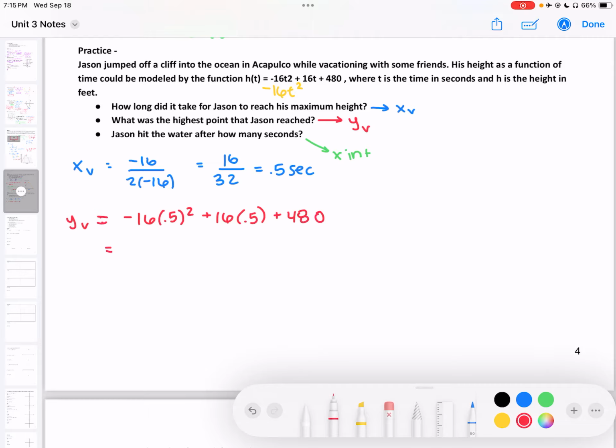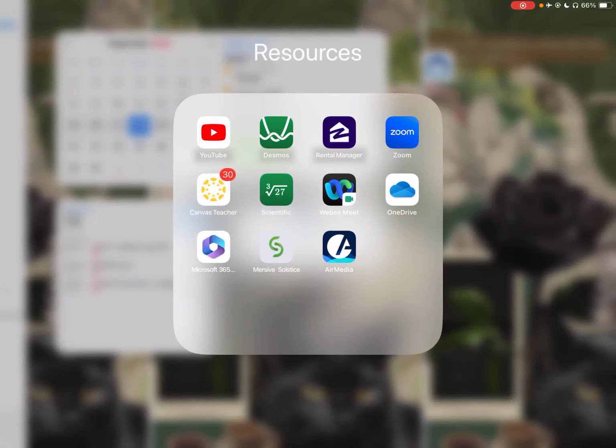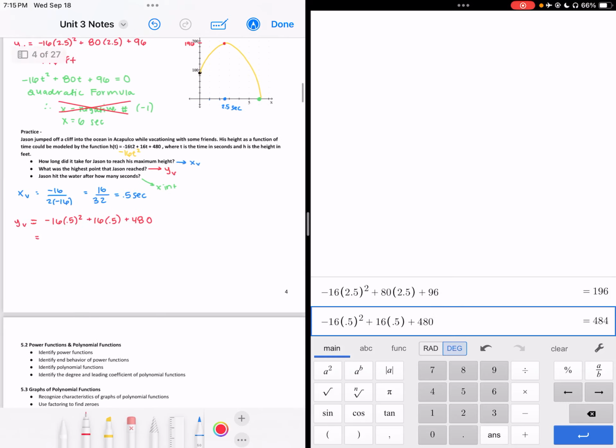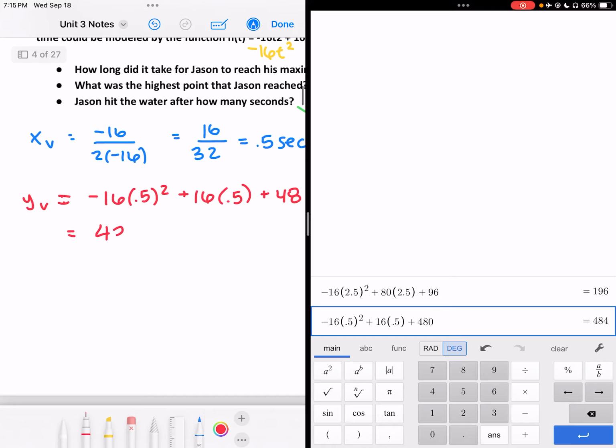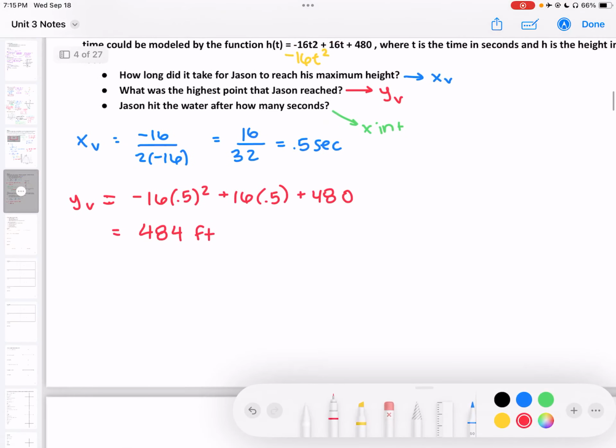The y-coordinate of the vertex is going to be negative 16 times 0.5 squared plus 16 times 0.5 plus 480. I again will split my view so that we can calculate that. It looks like 484 feet is his maximum height, so just 4 feet higher than the cliff.